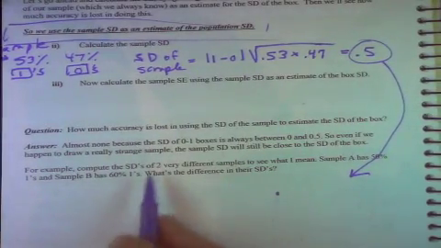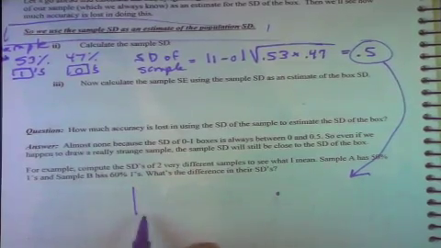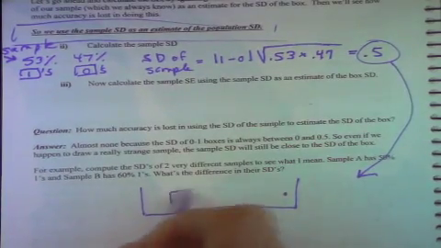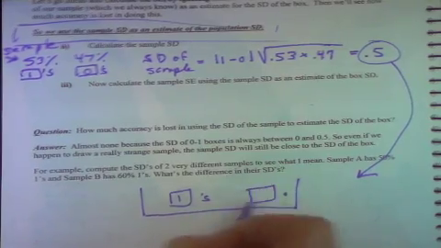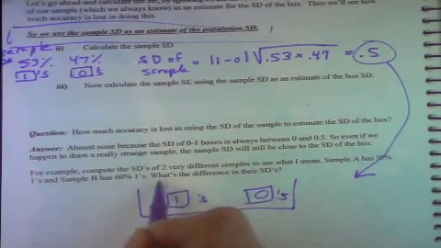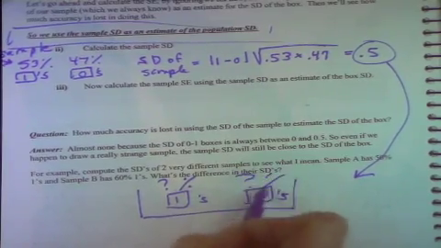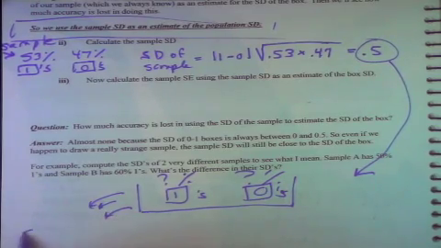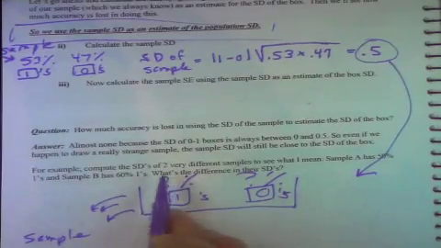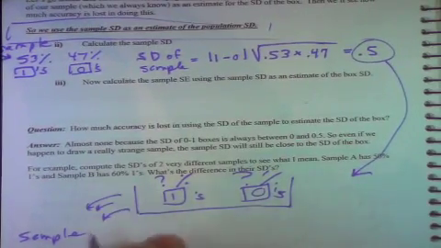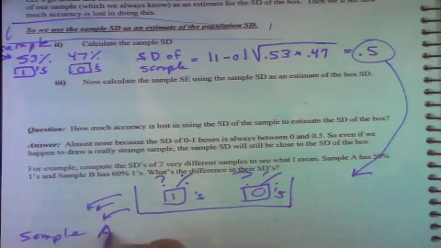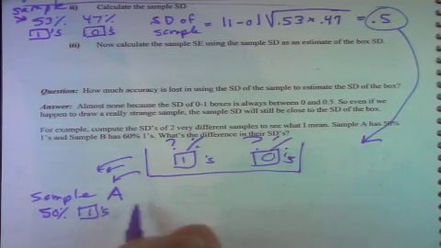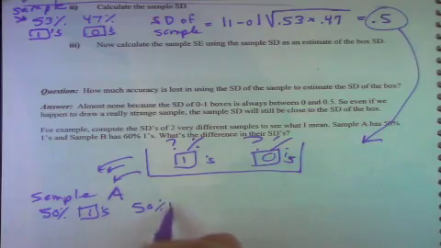Well, think about it. Let's pretend we got this really weird sample. We have 1s and 0s, and we got really unlucky, and we got huge variation between the 2 samples. Let's say sample A is 50% 1s and 50% 0s.